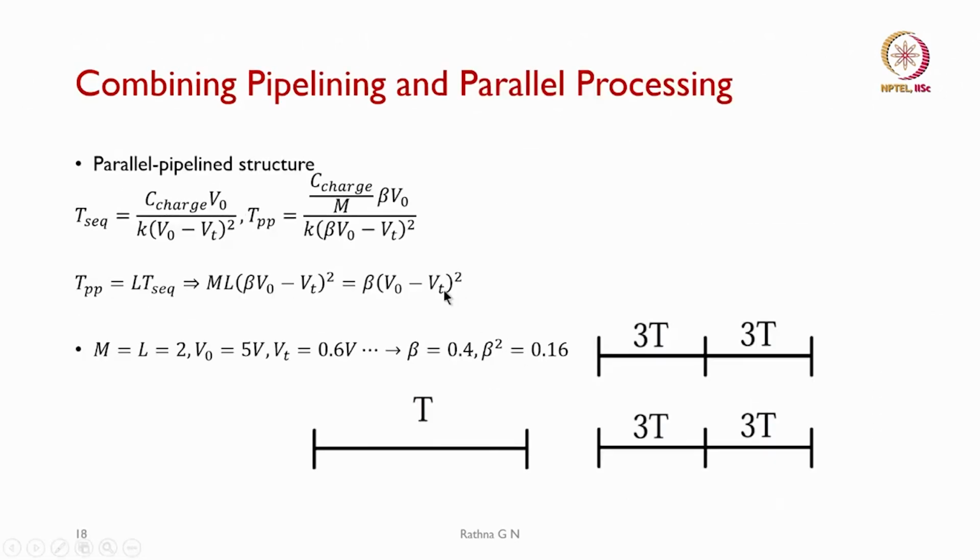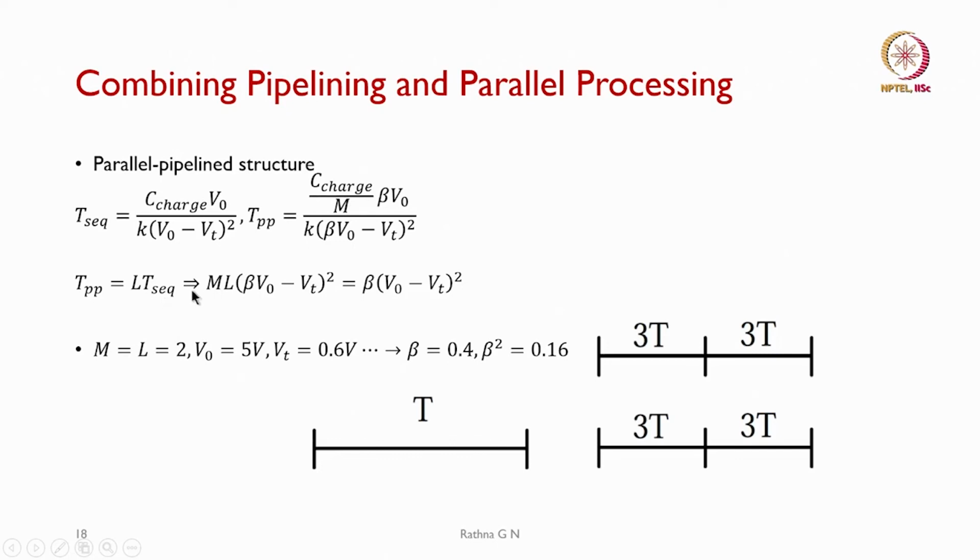So, now can we combine pipelining and then parallelism together and then try to achieve better voltage reduction? That is what we will look in this slides. What is it? We have the sequential as usual, and then pipelining we have C charge divided by M, whereas in the case of our parallel it becomes L time T sequential.